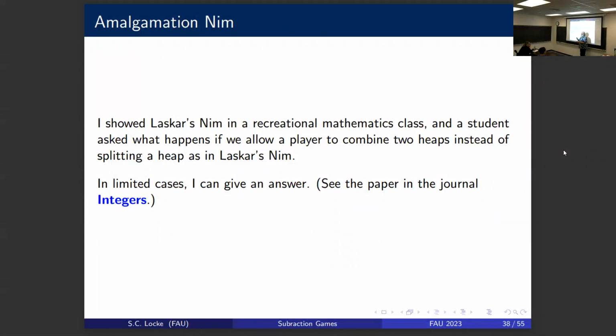Even in the case where there's only 3 heaps, I can only tell you the winning strategies up to one of the heaps having up to 11 checkers in it. And at 11 checkers, there's what I call the sporadic piece before you get to the eventually periodic piece. The periodic piece, when you get to it, has length 960.